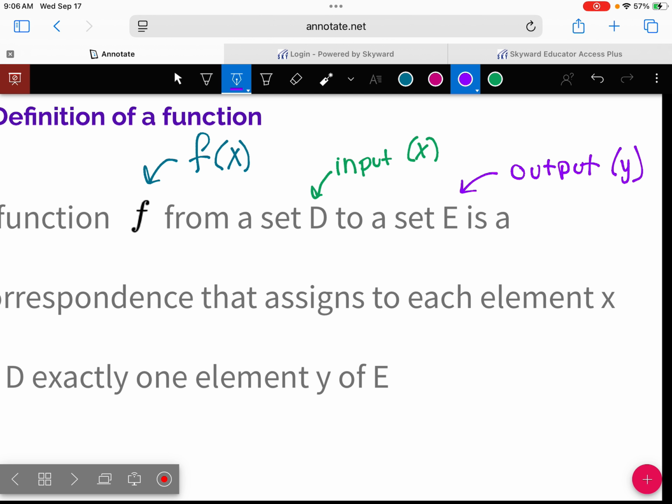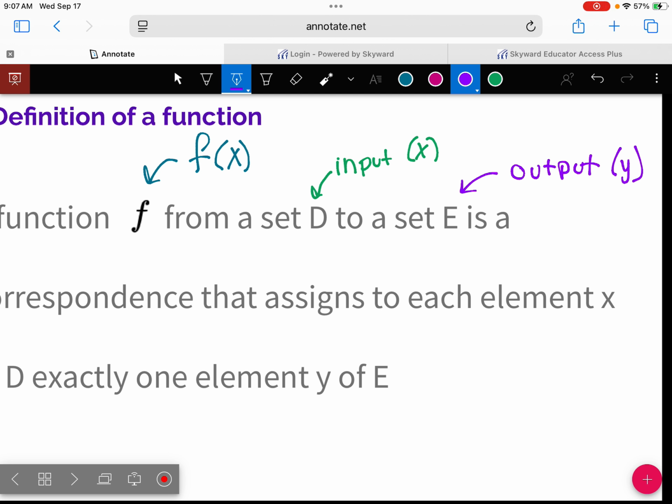I shouldn't get, for a single input value, 2 or negative 2, 4 or negative 4. I should only get one answer. So when we do this with tables, we're going to look and see if our x's have any repeats. We need to make sure that our x's go to only one y.